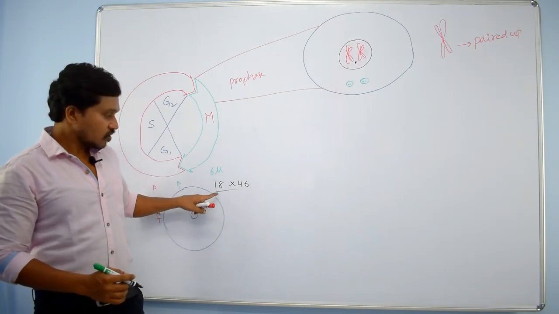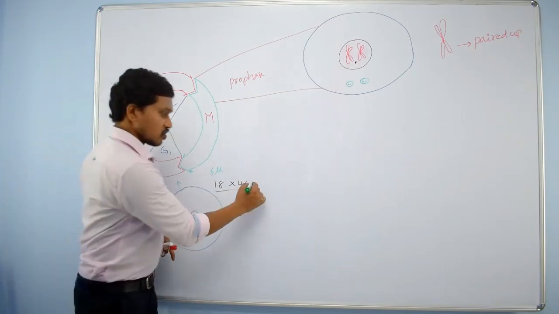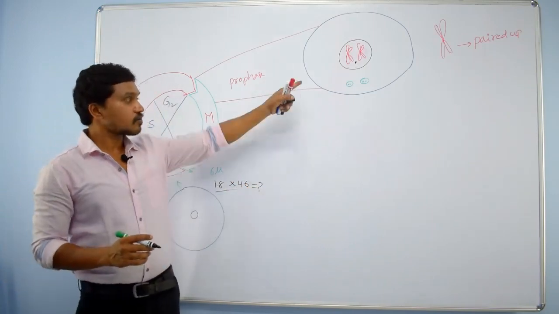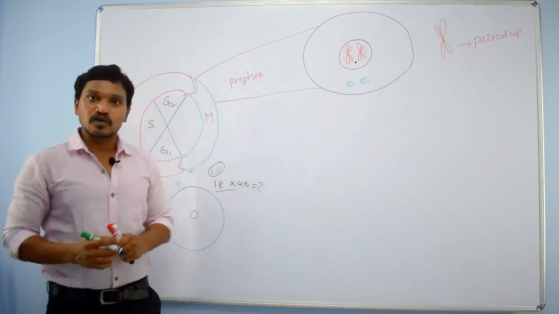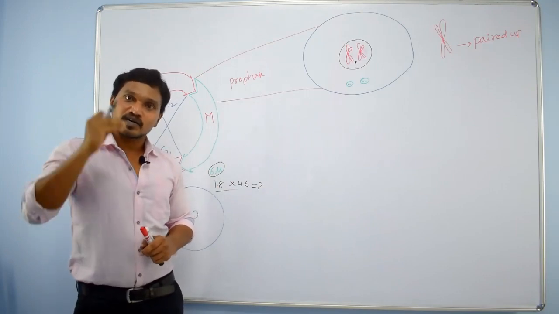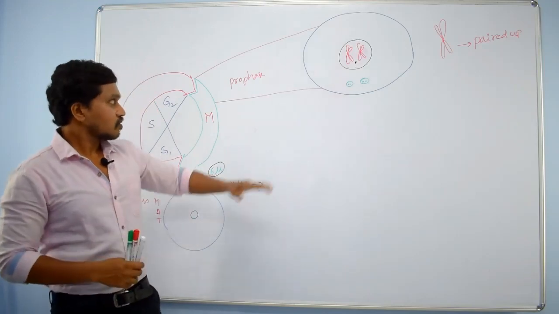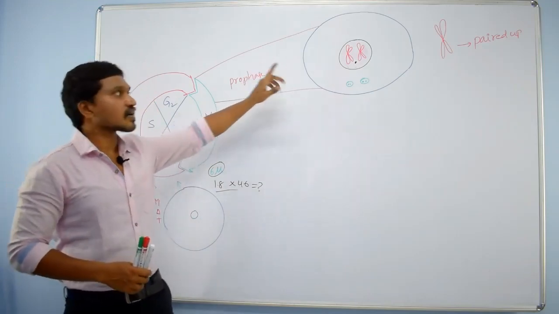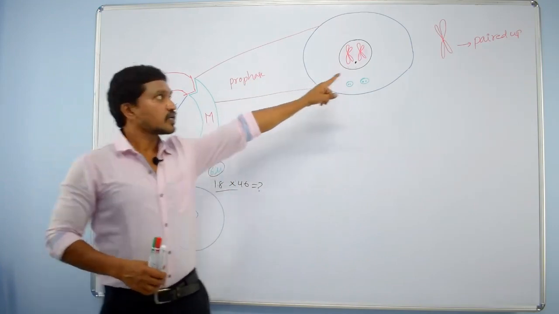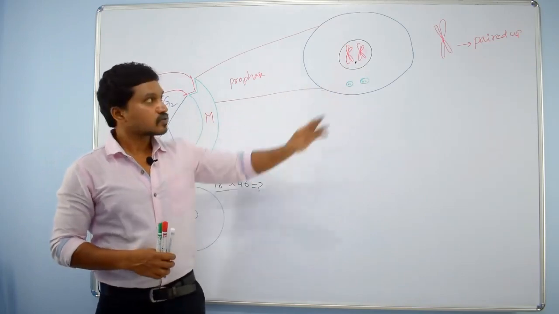See how much length of DNA must be accommodated within this small nucleus. That's why it winds, rewinds and supercoils. Clear? Now what is the first step in prophase? Condensation of chromosomes, so it appears like paired chromatids.